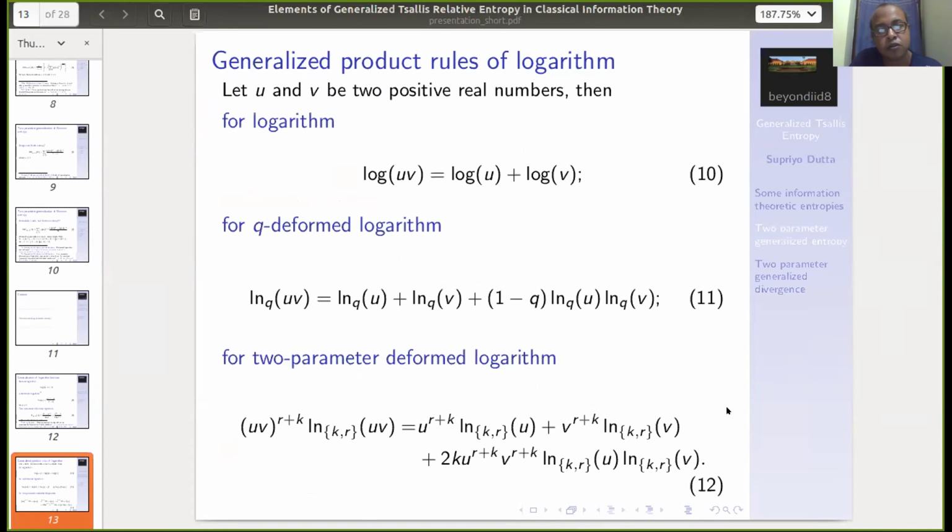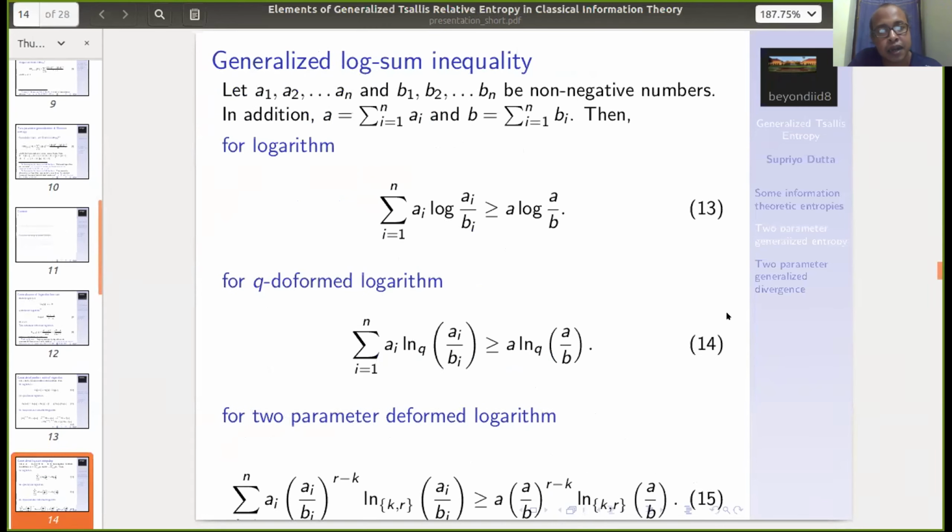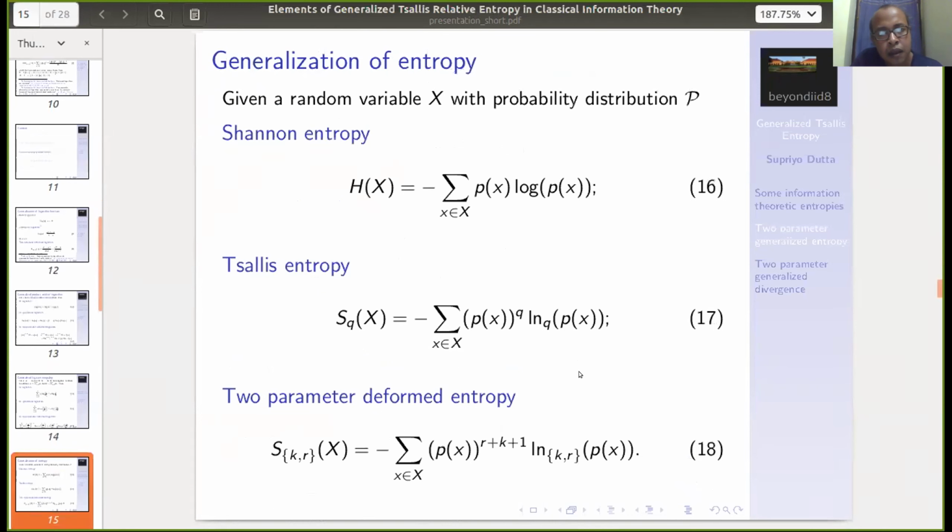Also, it follows the generalized log sum inequality like the natural log and q-deformed log. Now we can define the generalized entropy in equation number 18, which is a generalization of Shannon entropy and Tsallis entropy.